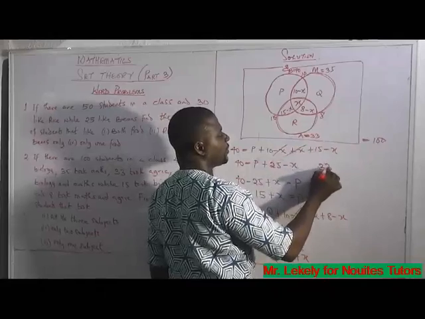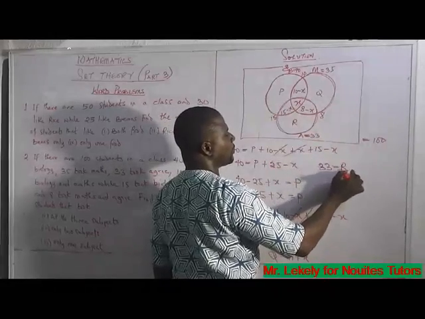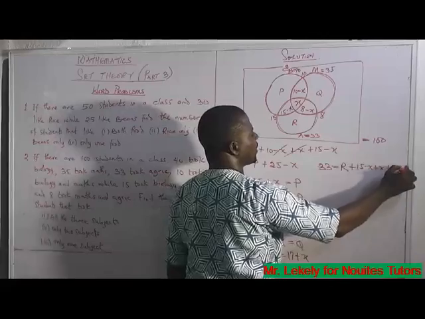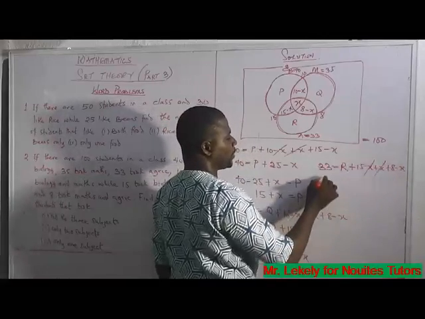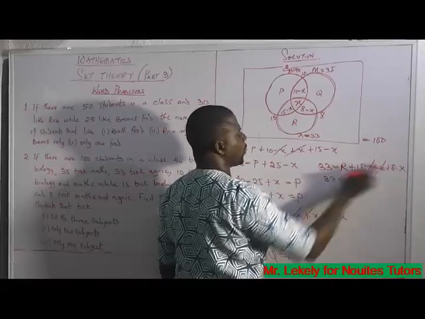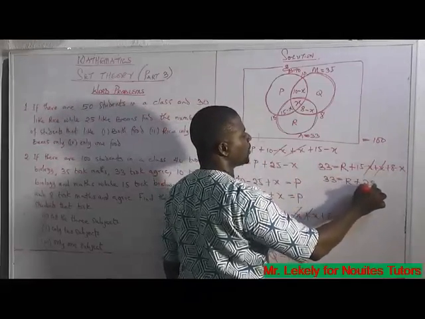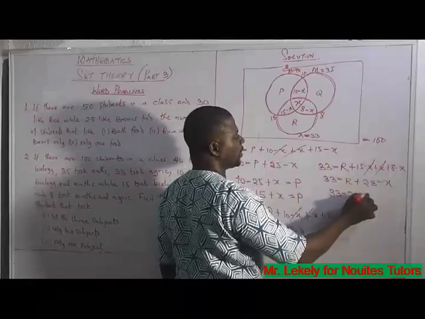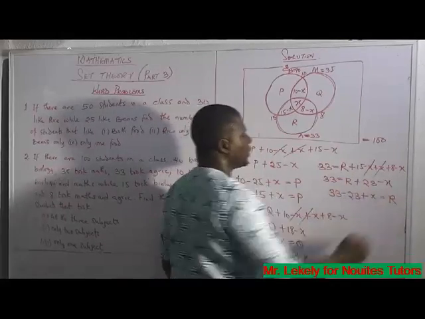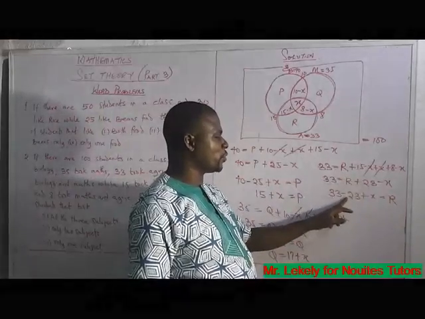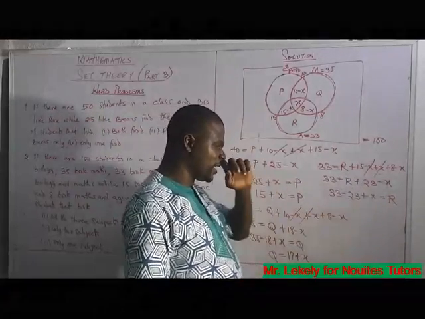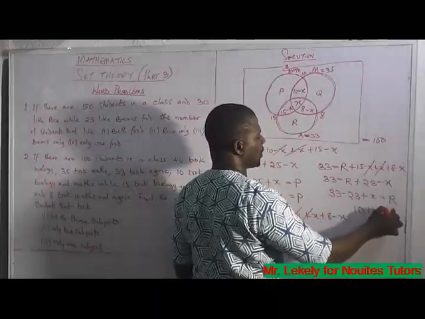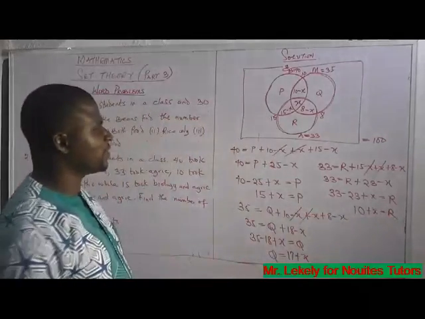So I have 33 equals everything inside the circle: R plus 15 minus X plus X plus 8 minus X. So minus X cancels plus X. So 33 equals R plus 23 minus X. Now if you bring the 23 to this side, you are going to have 33 minus 23 plus X equals R. Plus 23 coming to this side will be minus 23, minus X coming to this side will be plus X. So 33 minus 23 is 10 plus X equals R. So our R is 10 plus X.